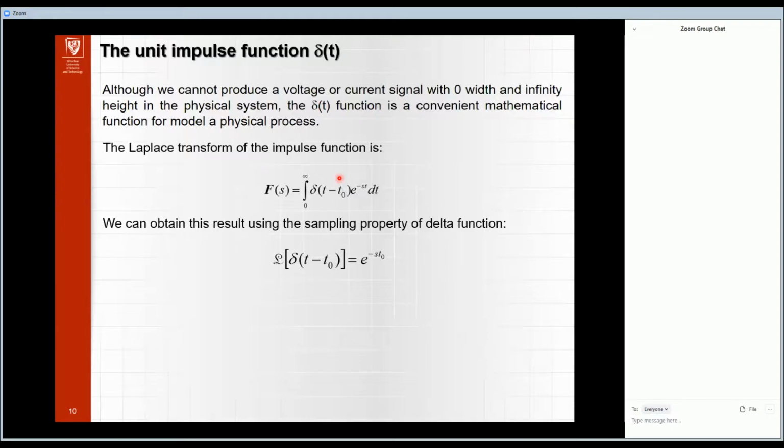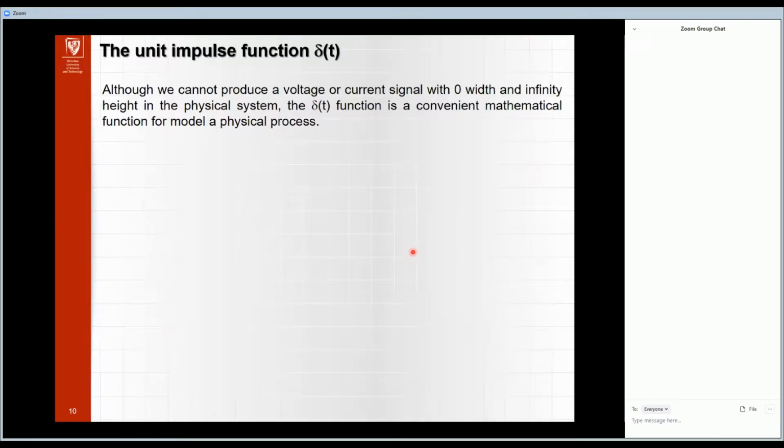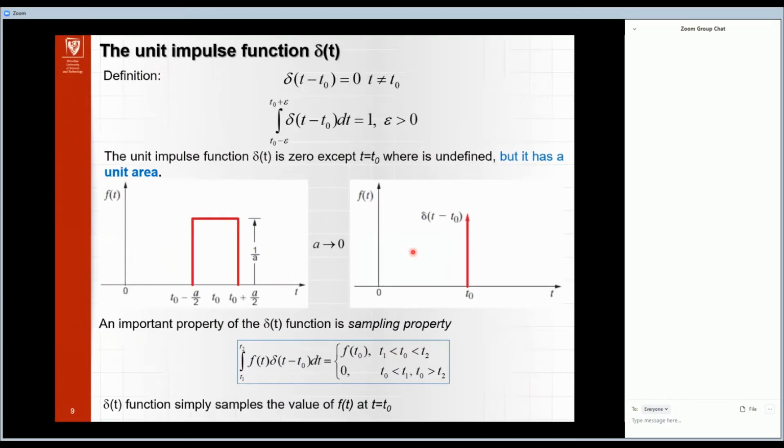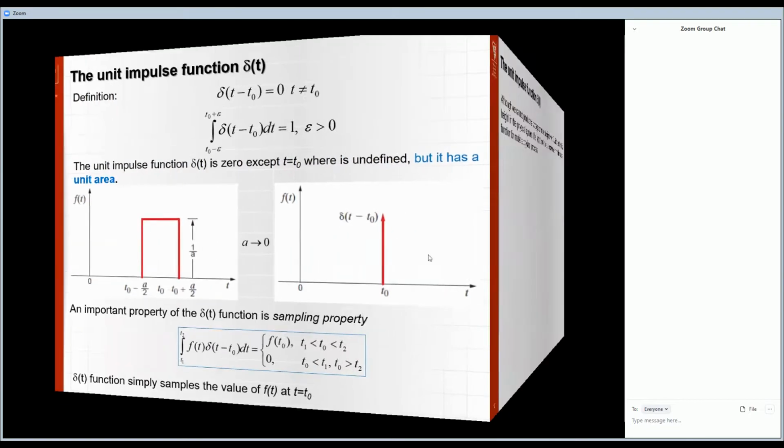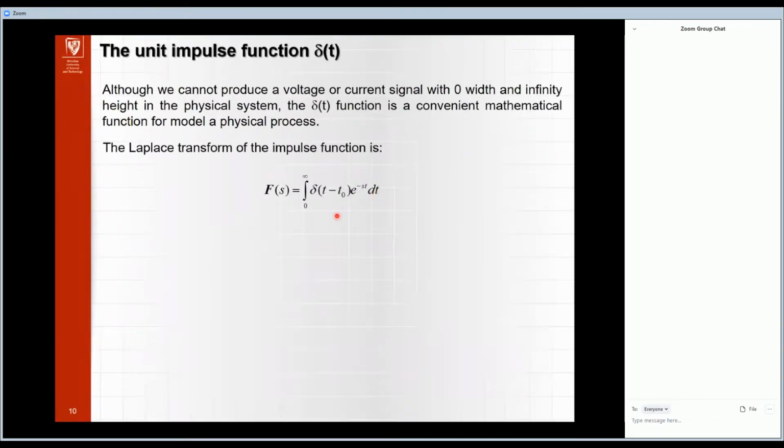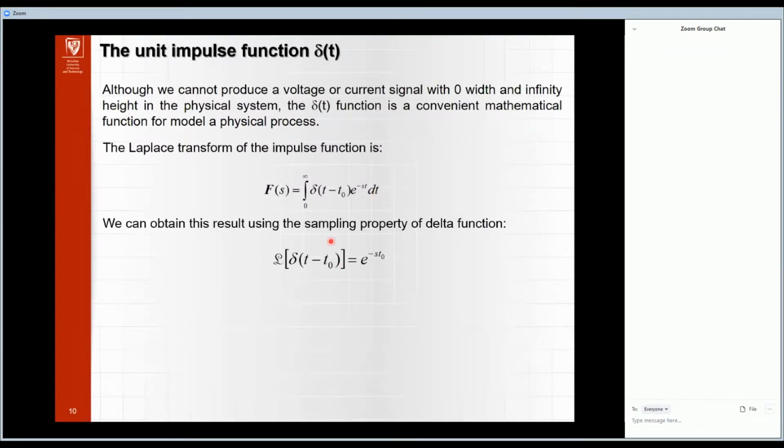So we know from the previous picture about the sampling property that the value is equal just to the function's value at the time equal to t0.